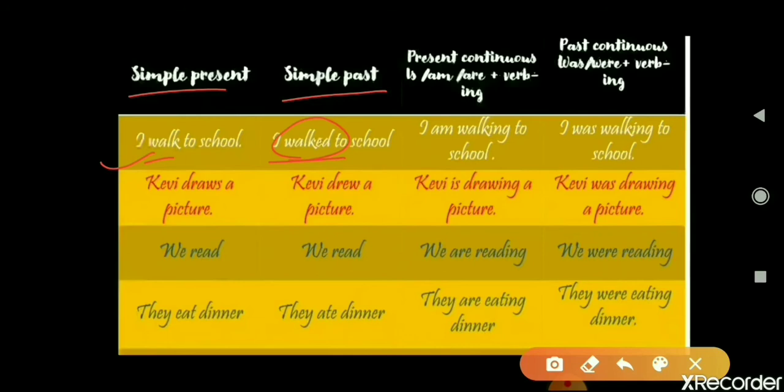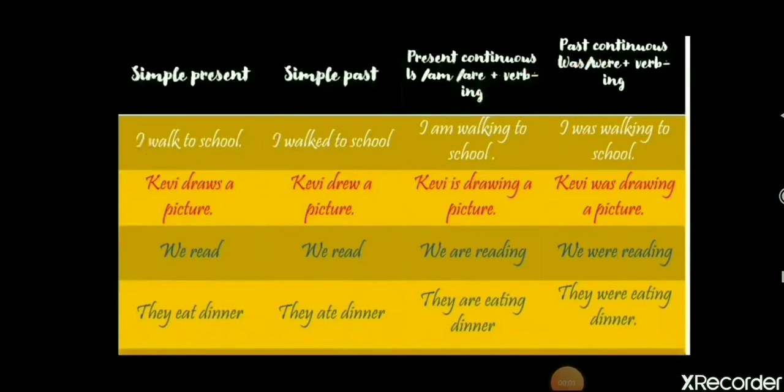In present continuous, we use is, am or are plus ing. So I am walking to school. With I, we use am. Okay. Now past continuous. In past continuous, we use was, were plus verb ing form. So here I was walking to school. Walk plus ing form. Okay.